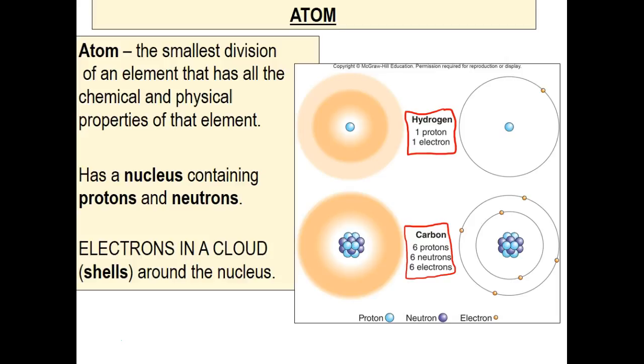Hopefully you remember that the protons are positively charged, the electrons are negatively charged, and neutrons are neutral. And the overall charge on an atom is then neutral. The protons and electrons balance each other out.